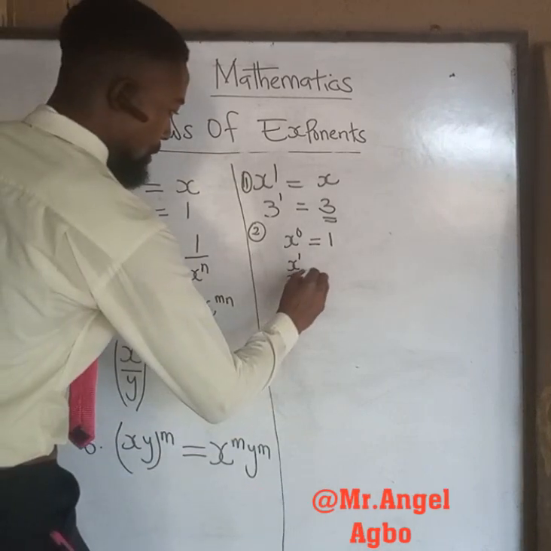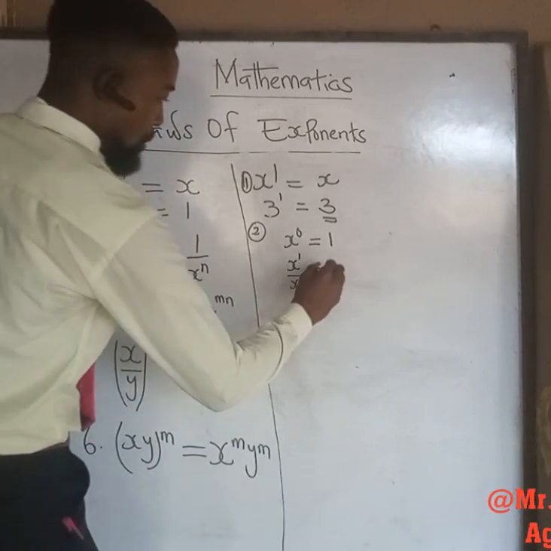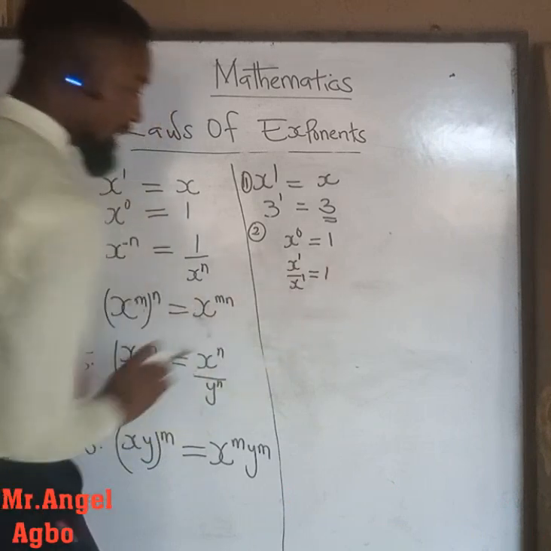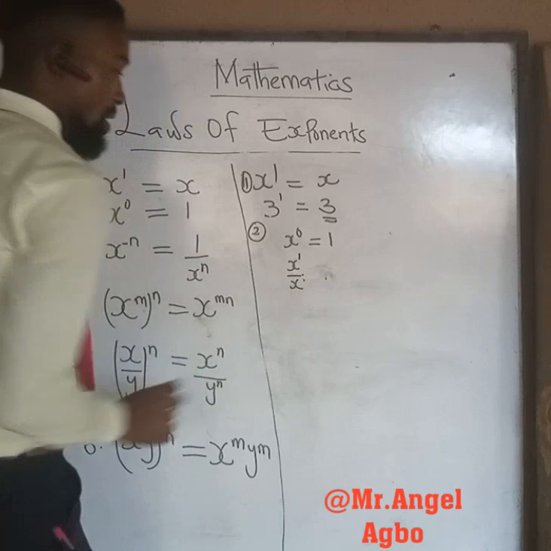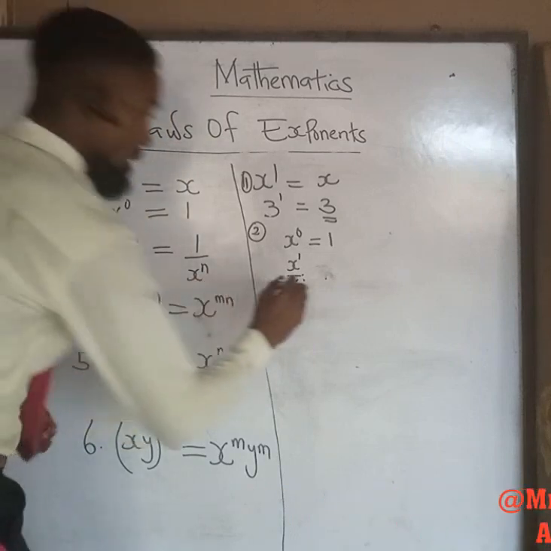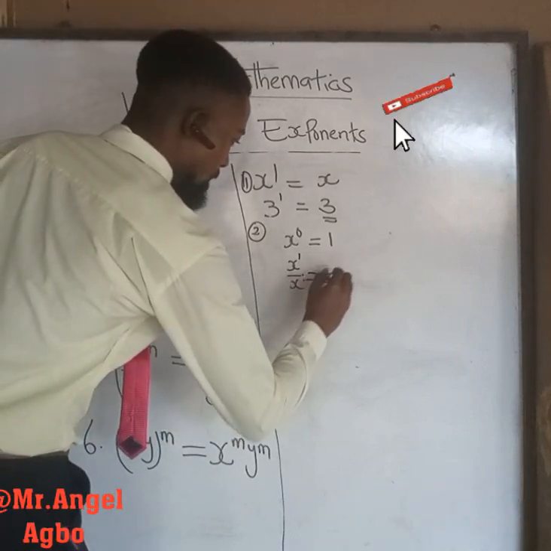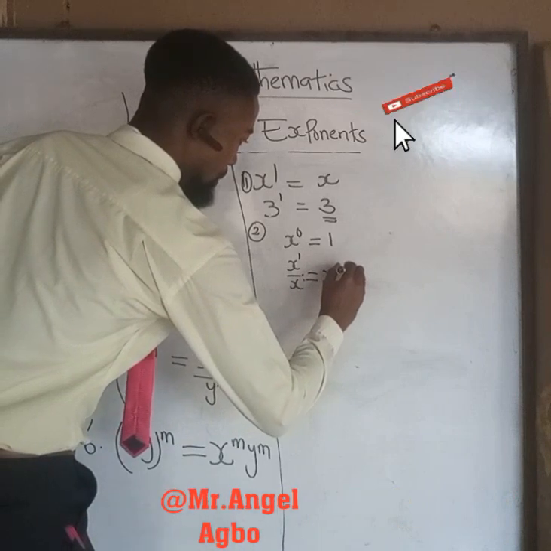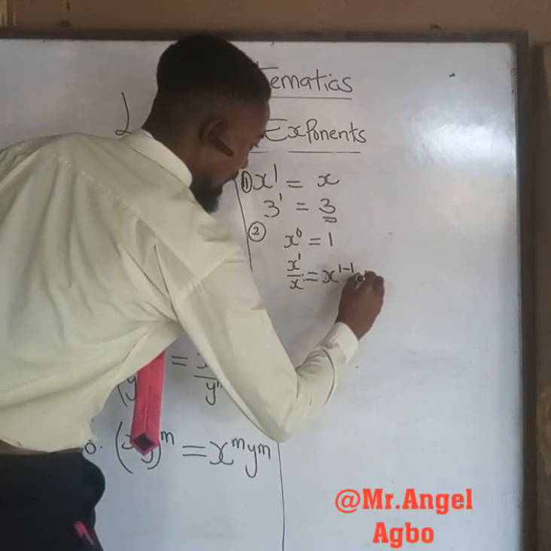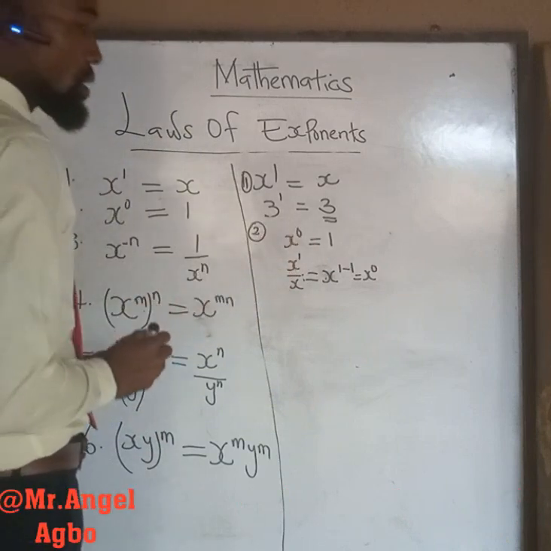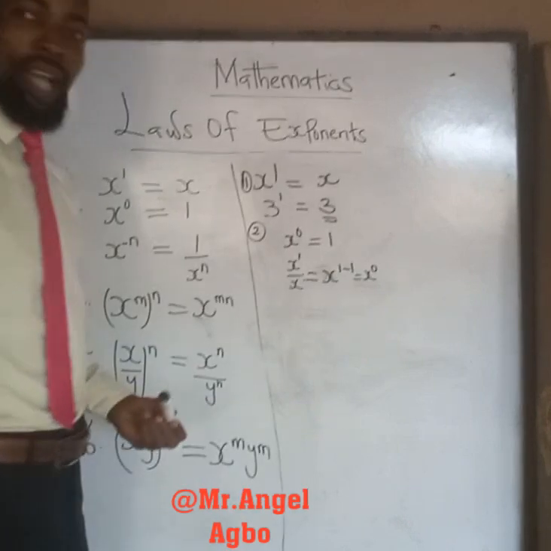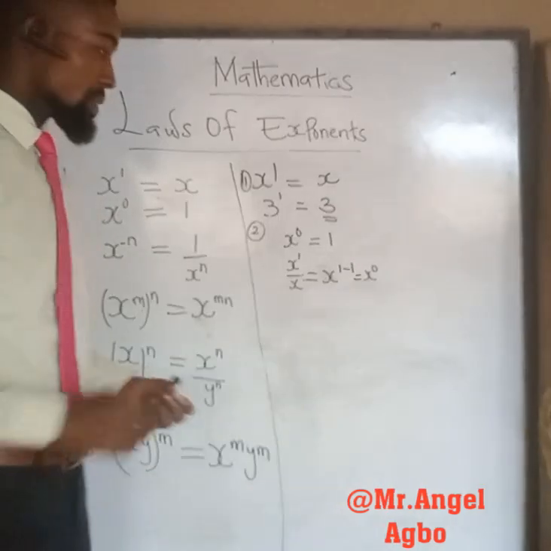It's going to give you x equals to what? 1. But you can also do it in another way by applying the laws of indices. Under the division law, it's going to give us x raised to the power 1 minus 1 is equal to x raised to the power 0, and it brings us back to this level. It's equal to what? 1. That is how it is.